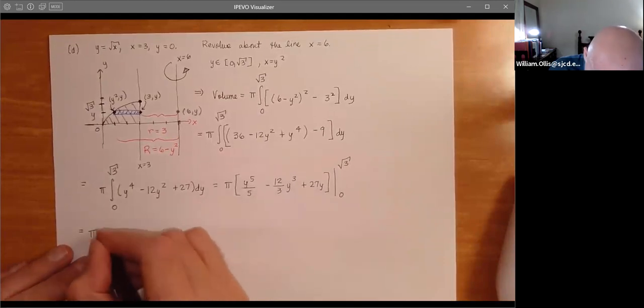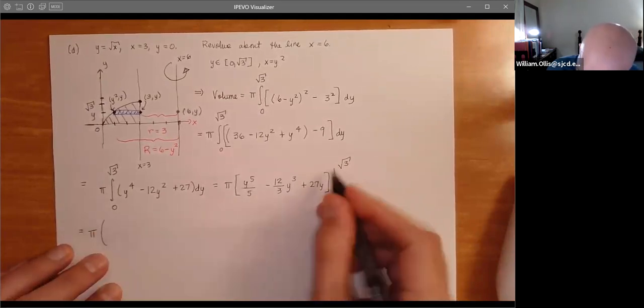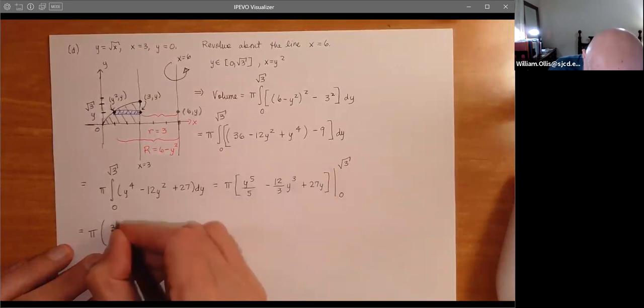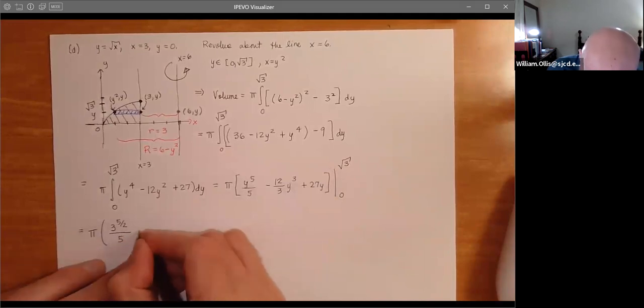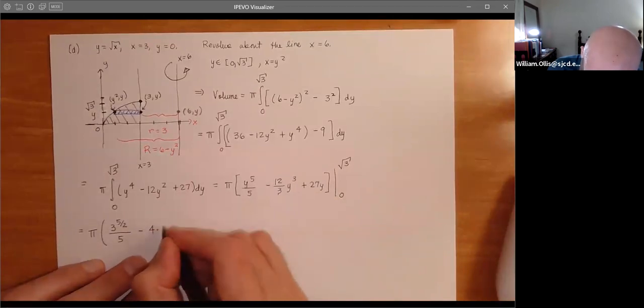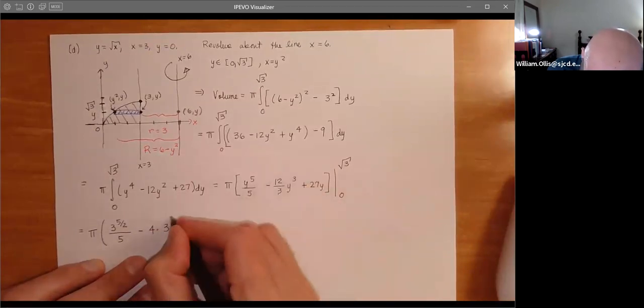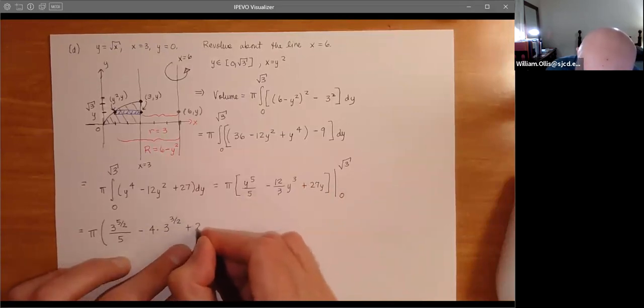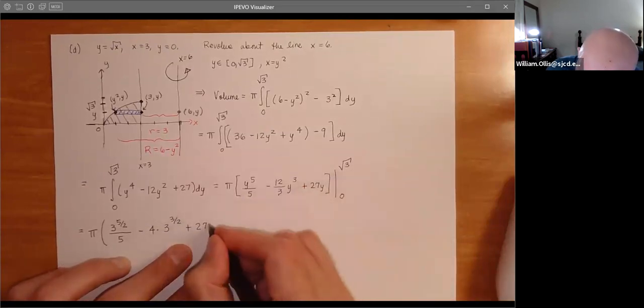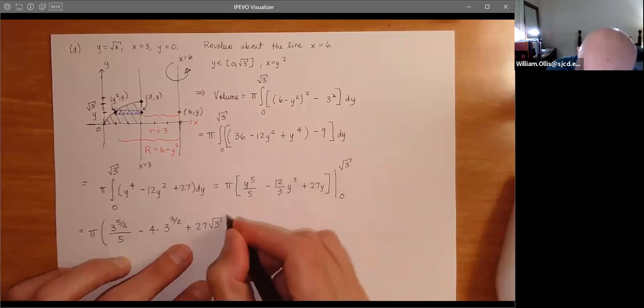So we have pi. So again, we're going to get 3 to the 5 halves over 5. And of course, the 12 over 3, that gives us a 4. And this will give us 3 to the 3 halves. And then plus 27 times the square root of 3.